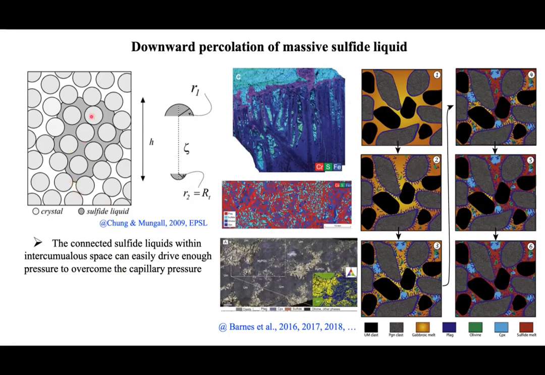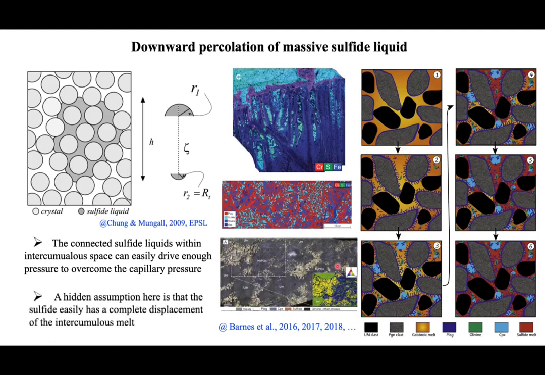So this connected sulfide liquid can easily pass through this crystal mesh and go to the bottom of this system. And there are also so many papers, so many works from Steve, and he did many studies on all these things about the downward percolation of the sulfide in the crystal mesh.